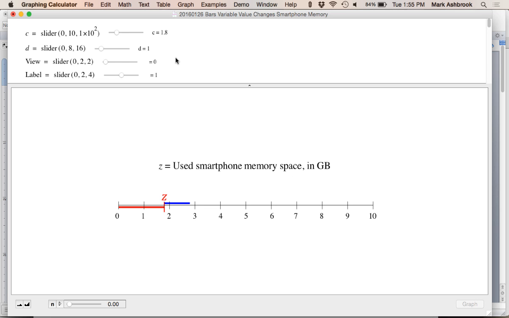Like when you buy the phone, it comes with stuff on it already that you can get rid of. But that's still part of it. Because then the blue would go past the 10 at some point, which it shouldn't be able to because there's only 10 gigabytes in the phone. But isn't that still part of it? But then it should still be part of red though. Yeah, so that stuff would be part of the red.